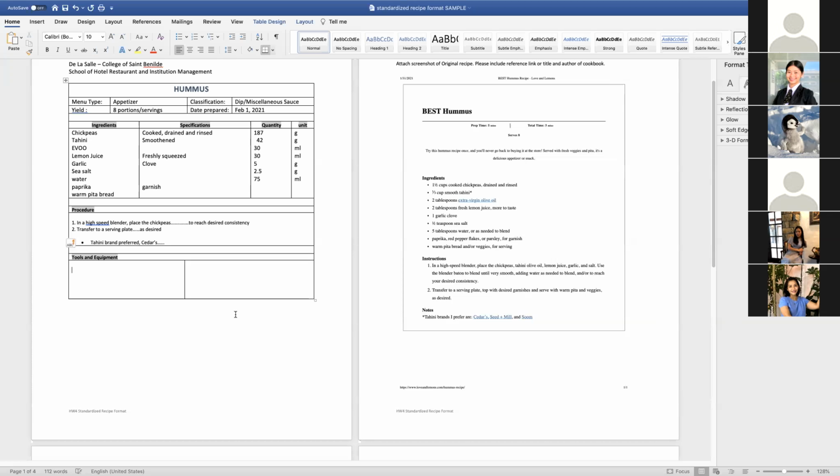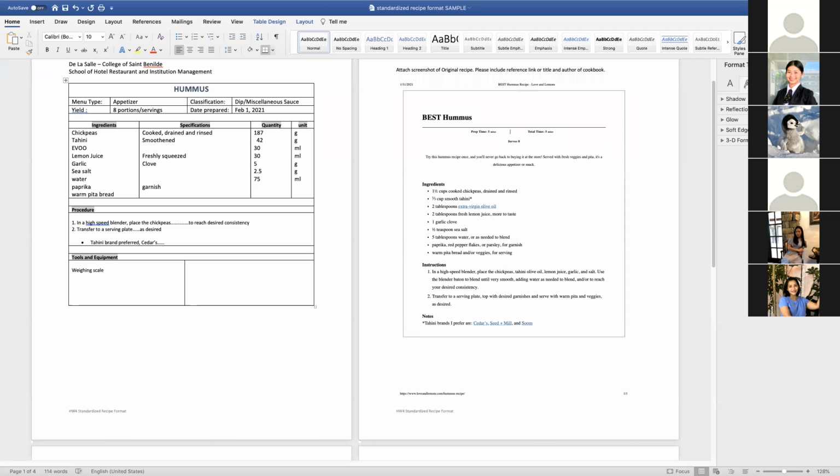And then for the tools and equipment, if you notice, there is none here in the recipe, but you will be able to input them by checking the instructions. Also, as part of the tools and equipment, please indicate your weighing scale. What else?